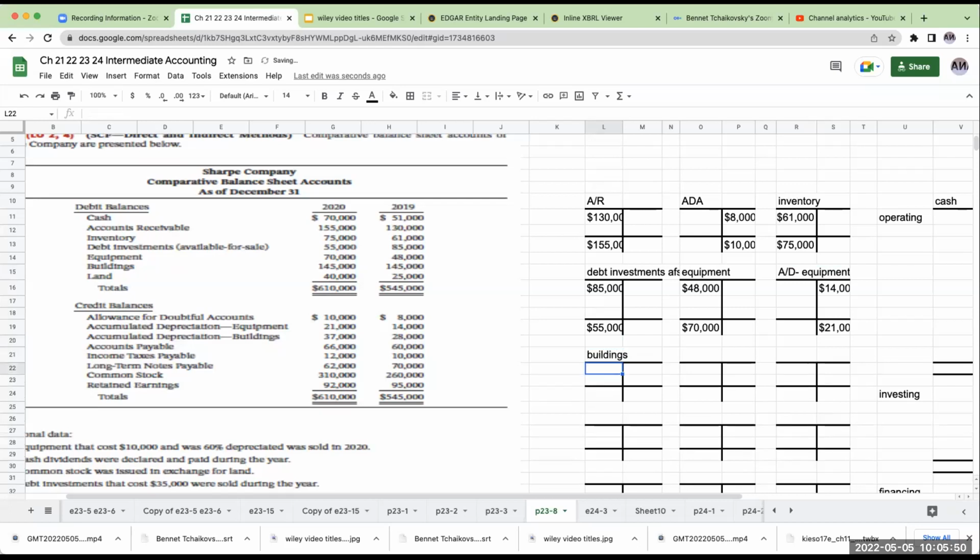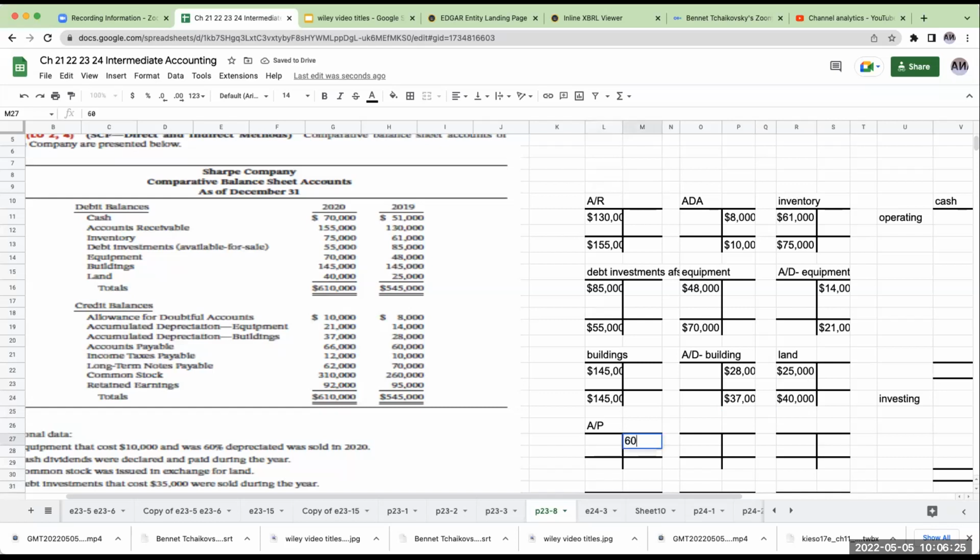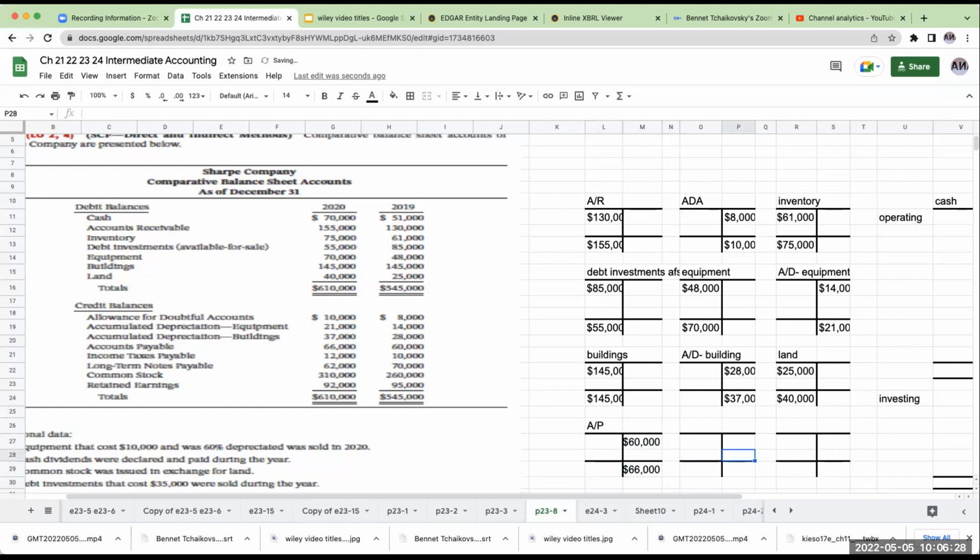Buildings: 145, ending is 145. Accumulated depreciation on the buildings was 28 and then 37. Land was 25 and 40,000. I've dealt with the allowance for doubtful accounts and the accumulated depreciation balances, these credit balances. Accounts payable: opening was 60,000, ending was 66,000.